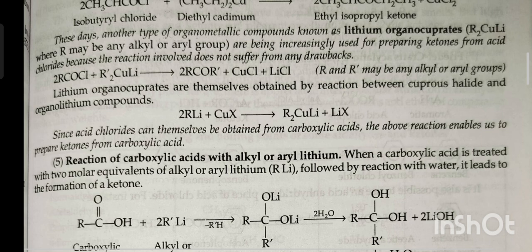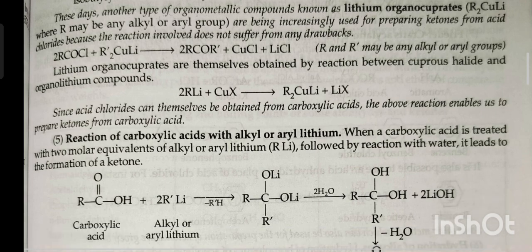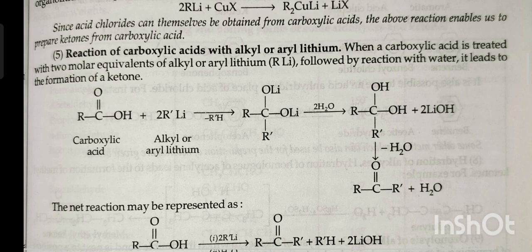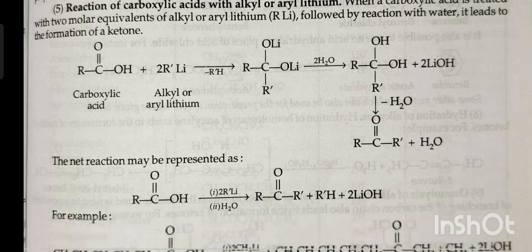Fifth, reaction of carboxylic acid with alkyl or aryl lithium. When a carboxylic acid is treated with 2 molar equivalent of alkyl or aryl lithium followed by reaction with water, it leads to the formation of ketones. Carboxylic acid plus alkyl or aryl lithium gives lithium addition product, then hydrolysis gives ketones.